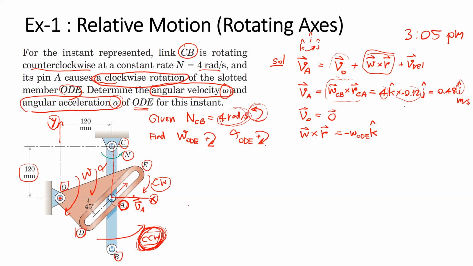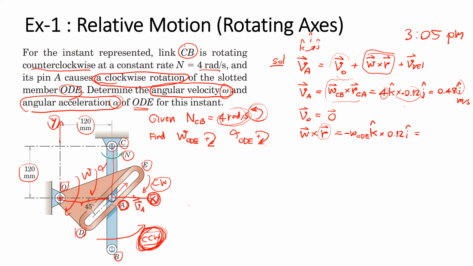And the position vector, the relative position vector, the position of the point A with respect to the origin of the frame X and Y. The position vector in this case is 0.12 in the I direction. We measure from the origin to the point A position along the positive X direction with the distance 0.12 meter.